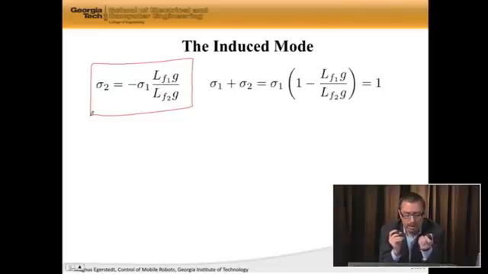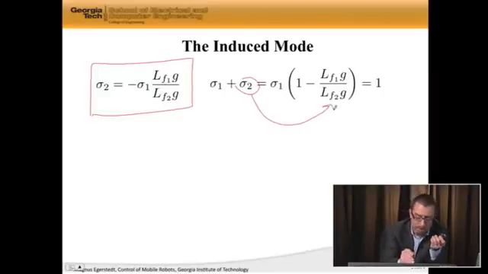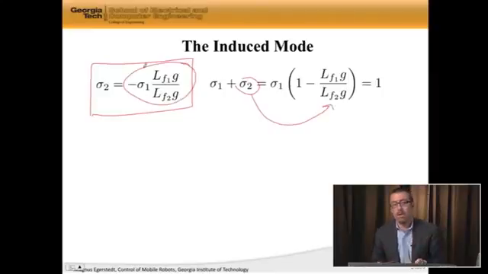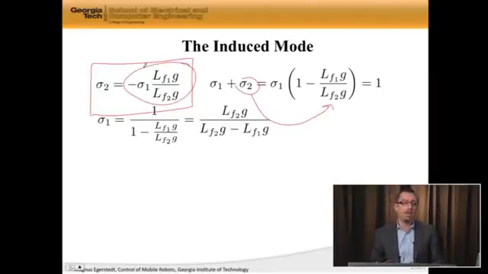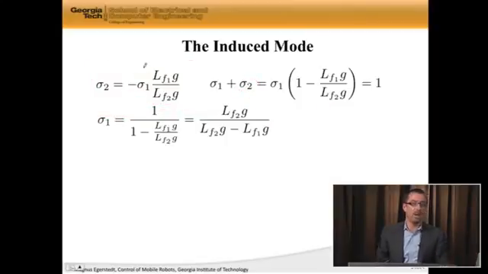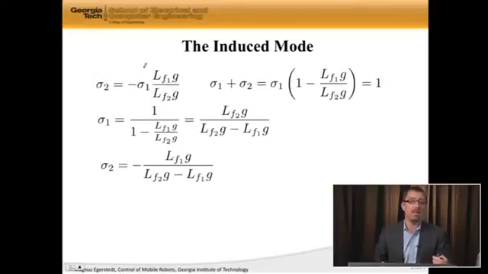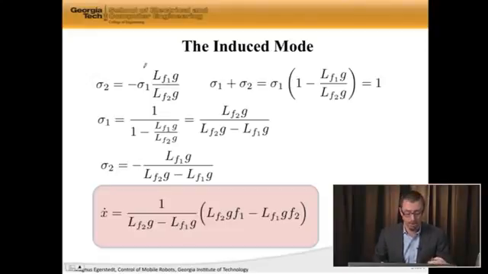Well, we also have that sigma 1 plus sigma 2 is equal to 1, which means that I can take sigma 2 here and plug it in, because this is what sigma 2 is. So now I have an expression on sigma 1. So if I solve that, I actually know what sigma 1 is. I encourage you to go through the math yourself. It's a little bit of a mouthful, but what it tells me is that I can compute sigma 1, and I can compute sigma 2 just as well.